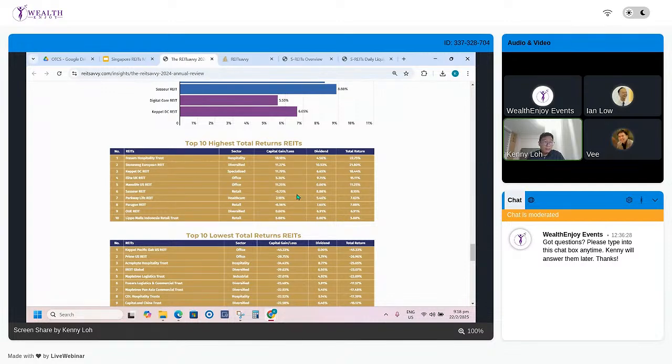It can be the big cap REITs or the small cap REITs. With big cap REITs, we just need to note that if the big institutions don't come back into the S-REIT sector, they will continue to be depressed. If the big institutions come back, the big cap REITs will be the first to start to move. At the present moment, the big cap is surprisingly much more volatile than the small cap REITs.